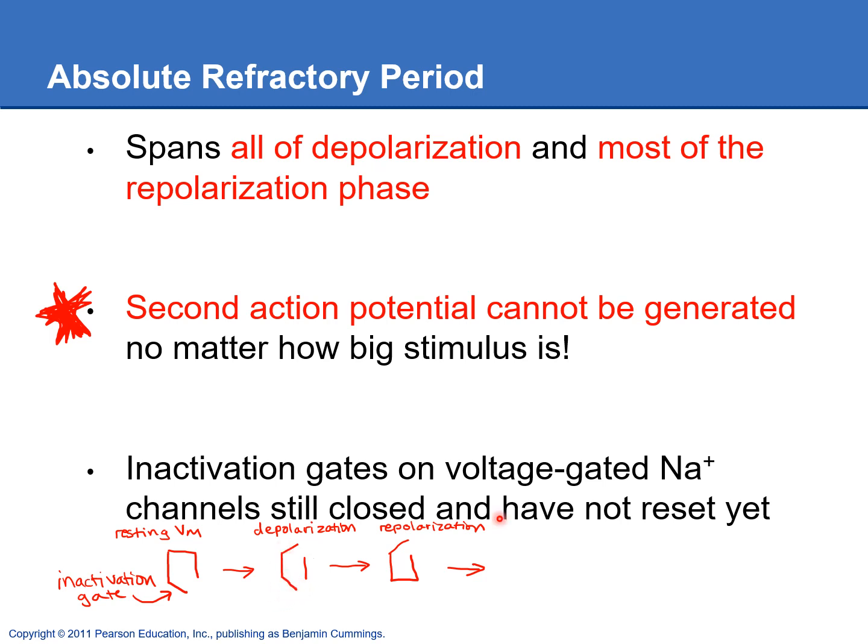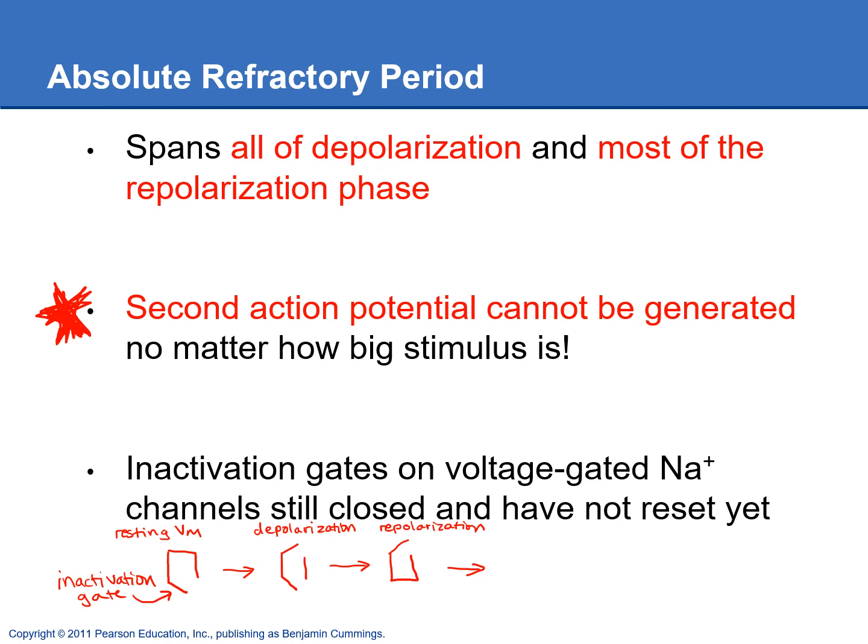That inactivation gate is open right now, and we've got sodium rushing into the cell, causing the depolarization phase. And then during the repolarization phase, that inactivation gate is closed, and so sodium can't come in.